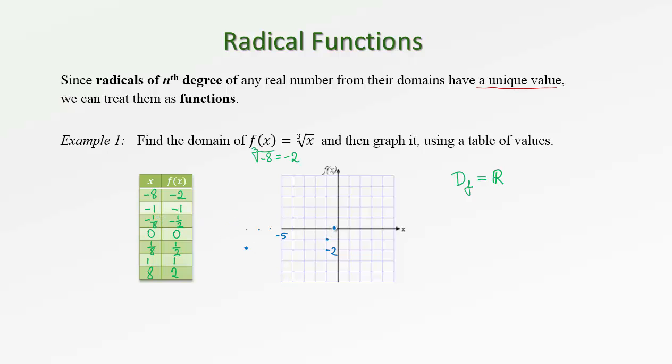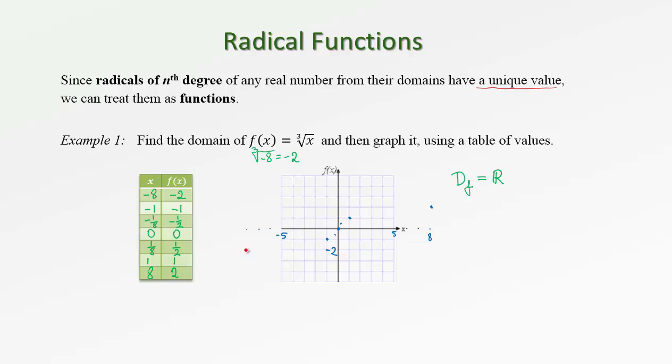At x equals negative 1/8, which is very close to the y-axis, the value is negative 1/2. So it looks like the curve will be pretty steep around this section. And then at 0, we pass through 0. At 1/8, we have value 1/2. And at 1, the value is 1. And finally, we have to wait until 8. So 5, 6, 7, 8, approximately here, the value reaches 2.